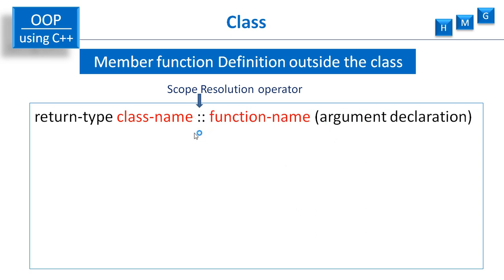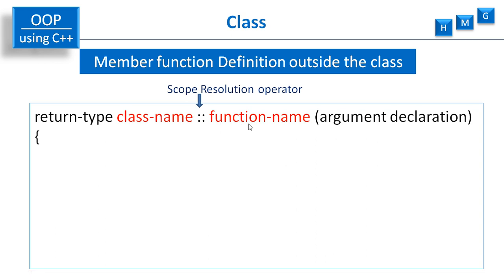Scope resolution operator indicates the scope of the function within a class. So the function belongs to which class. That relationship is established between the class and function using this scope resolution operator. Here the function belongs to this class.